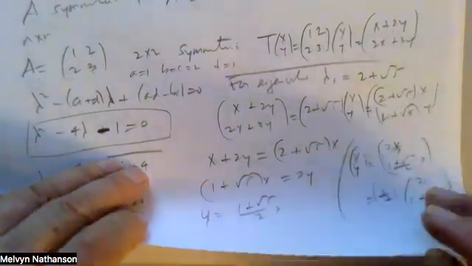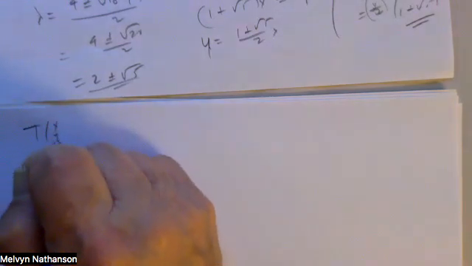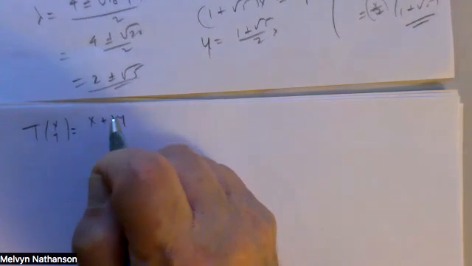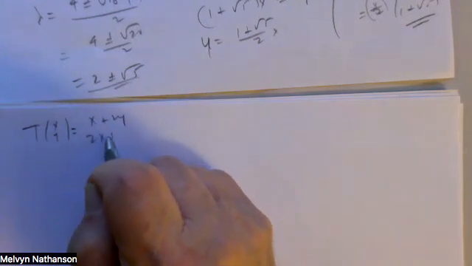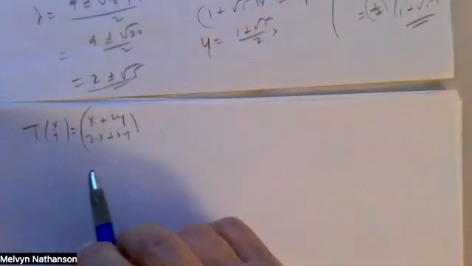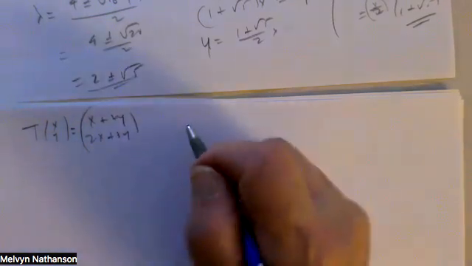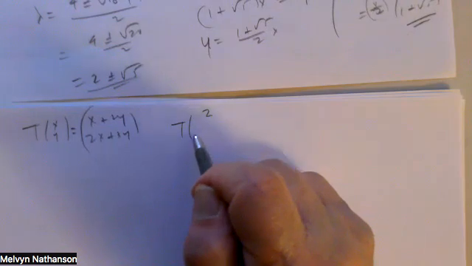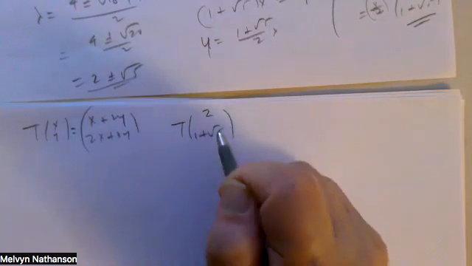So for my linear transformation, T of xy equals x plus 2y, 2x plus 3y. Let me just check that this is an eigenvector with the right eigenvalue. What is T of 2, 1 plus root 5?